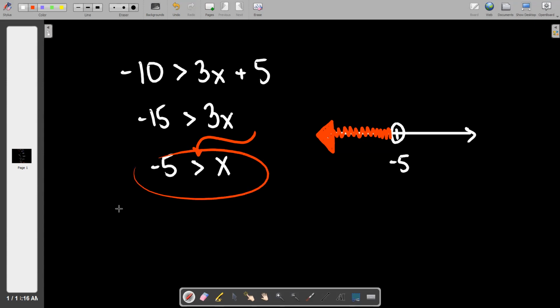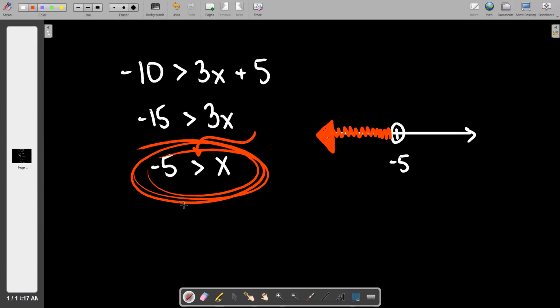The reason is because it makes us have discussions about which way is actually the logical way to shade. Those of you that are really thinking about the problem understand that the way that I shaded is correct. But some of you might be fixated on the fact that it says greater than, so it should go to the right. So the way to solve this once and for all is to always make sure with inequalities that your variable goes on the left.